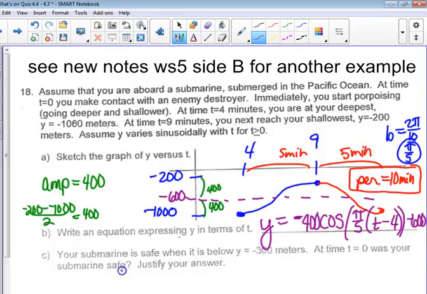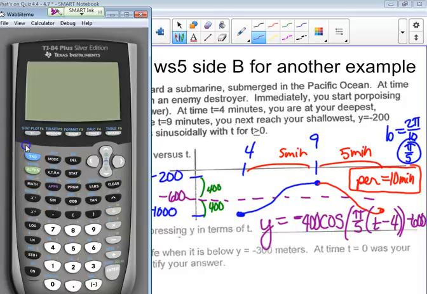If you were to answer part C, you would have to type it in your calculator. So, on my calculator, I did negative 400 cosine pi over 5, another parenthesis, x minus 4, close both parentheses, minus 600. Then what would an appropriate window be? Look at our numbers right here. 0 to something for x, right, across.